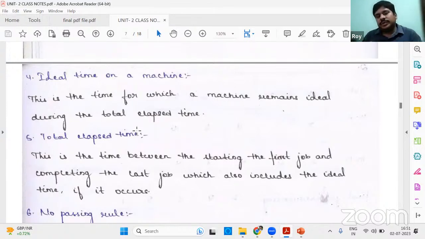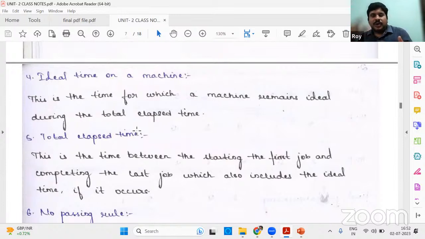After that, where will it go, B or C? B. Based on different criteria. Now, what is the waiting time for B? 5 minutes. Very good. And let us say on B, the same product has taken 3 minutes to process.